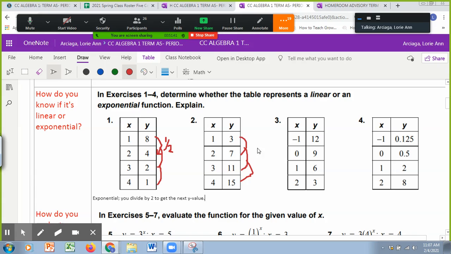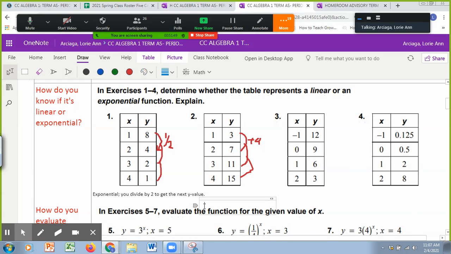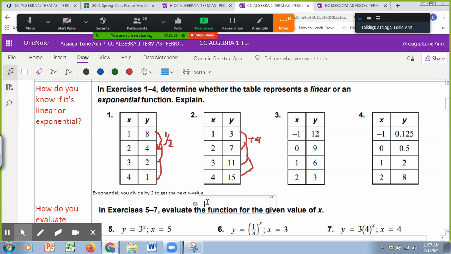Very good. So add 4, and that's true for all. So is it linear or exponential? Linear. So linear is the add 4, and I just write that: add 4 to get the next y value. Okay, next.